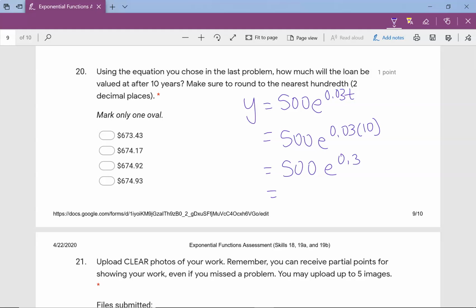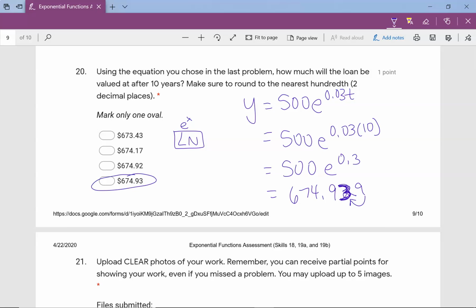Usually the e button, you'll see an ln button, and you'll see like e to the x above it. So you'd have to hit second and then that ln button, and then you're going to type in 0.3. And you should get 674.93 when rounded, because it was like 0.929. So that 9 will round the 2 up to a 3.